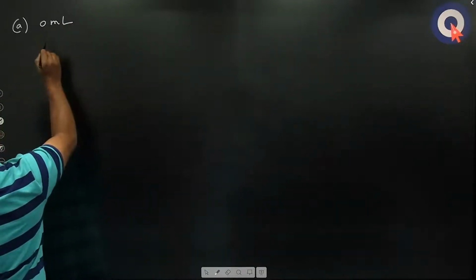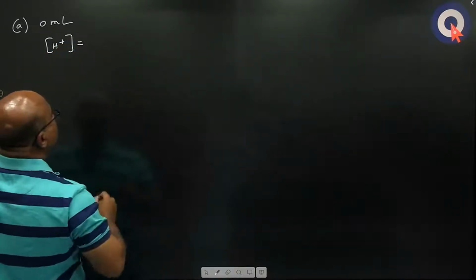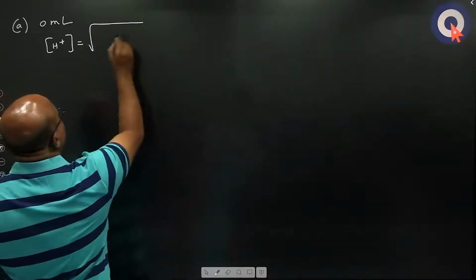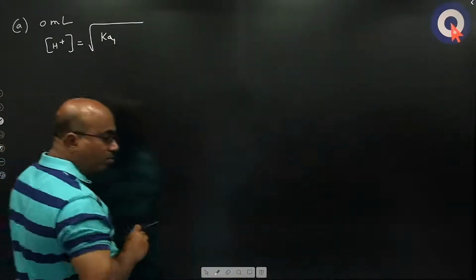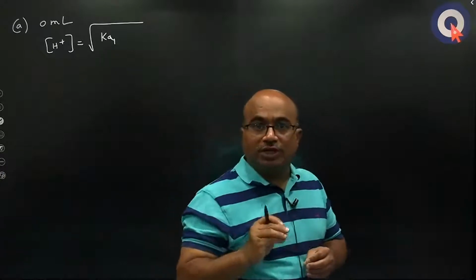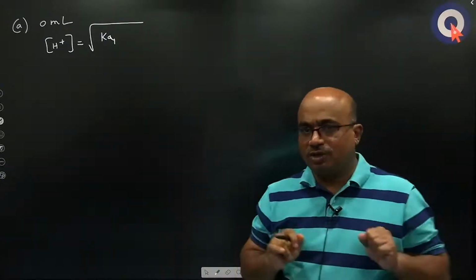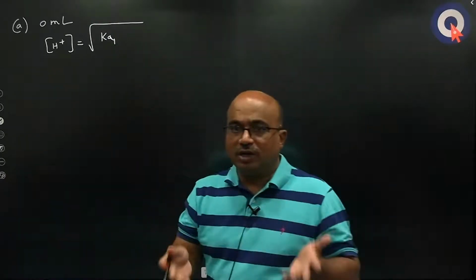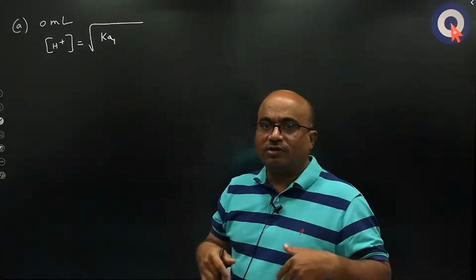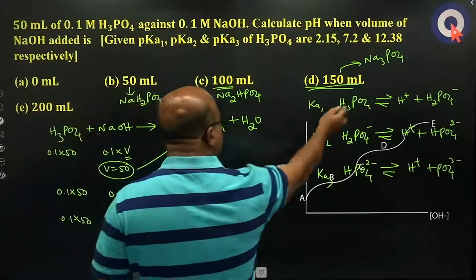What is the H plus concentration in this situation for a weak acid of concentration C? You can directly use a simple relation, the square root of Ka1 into C, because the H plus coming only from the first dissociation will be affecting it. So these are approximated values we are trying to measure. If you want to calculate exactly, you can find the H plus concentration and calculate.